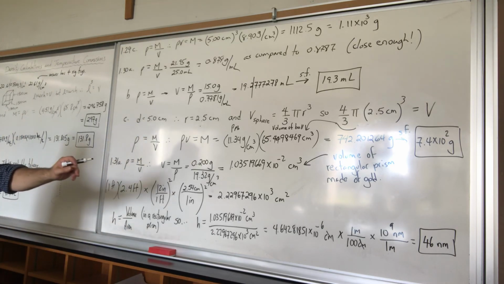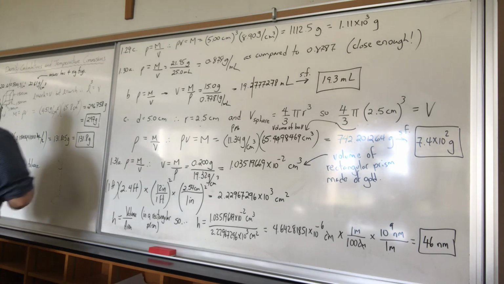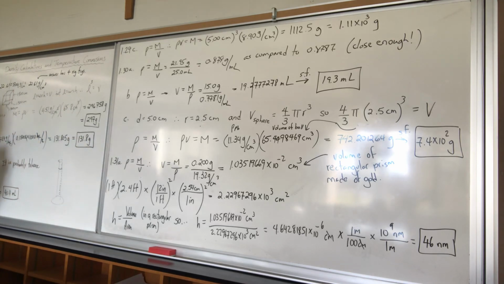Okay, so that gives you the volume of your rectangular prism. And if you know the volume of something and you divide it by the area, suppose I knew the volume of this thing was 8 centimeters cubed, and I knew that the area of the top had an area of 4 centimeters squared.